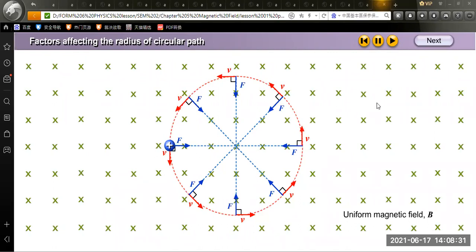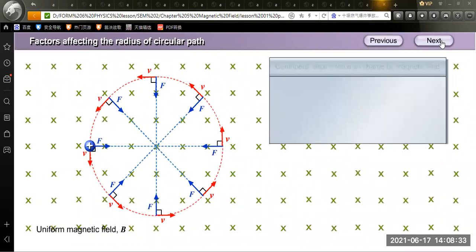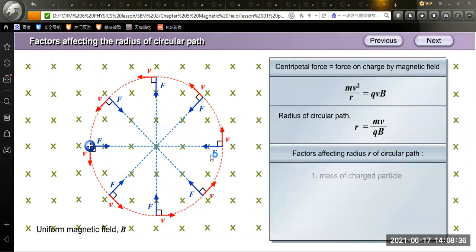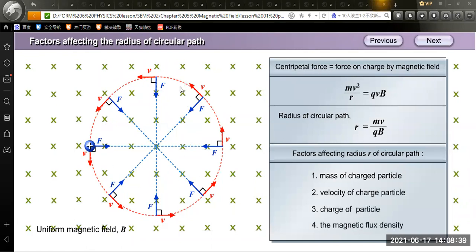So the charge moves in a circular motion, right? The centripetal force is equal to the magnetic force F. Just now we learned F equals QvB sin theta. In this case, all of them are perpendicular to each other, so F is maximum. F is equal to the centripetal force of the charge, so mv squared over r is equal to qvB.